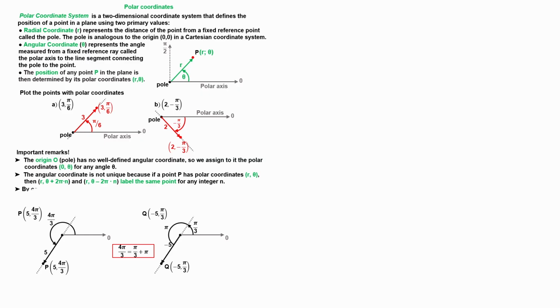By convention, we allow negative radial coordinates. Adding pi to the angular coordinate is equivalent to changing the sign of the radial coordinate. With this convention, these two polar coordinates represent the same point.